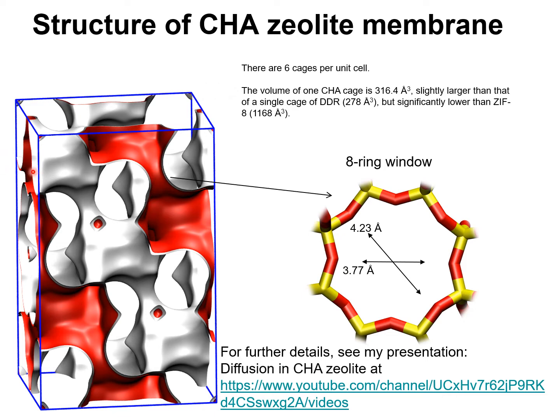Another important choice for use as thin microporous layers in membrane constructs for mixture separation is a chabazite zeolite. One unit cell of chabazite consists of 6 cages.